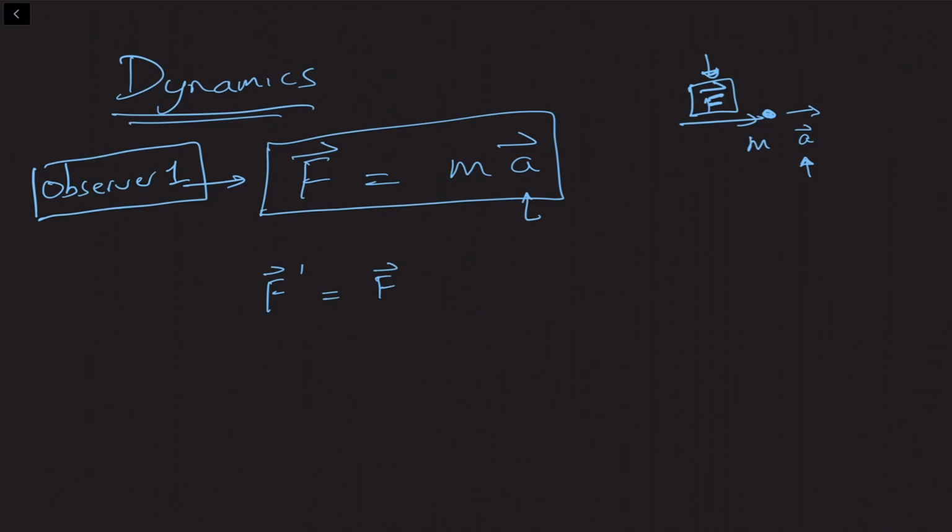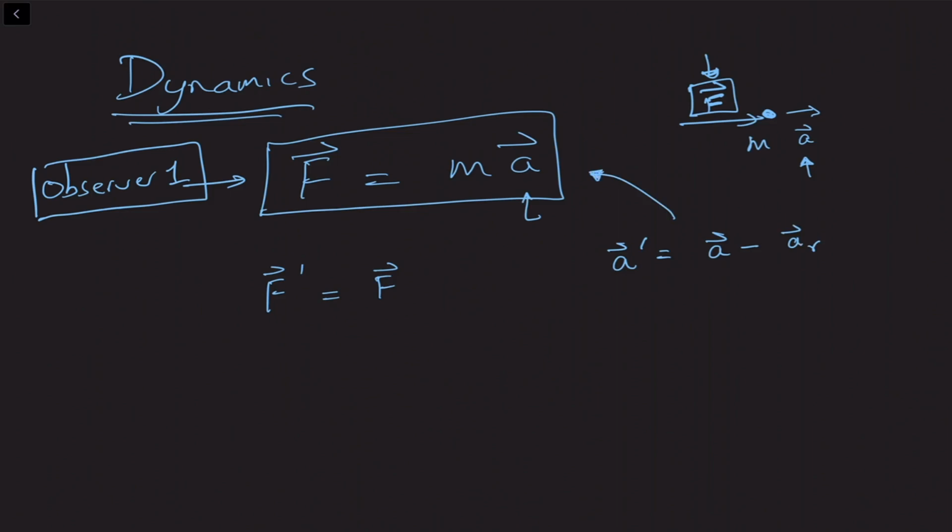We already have the dictionary which tells us what observer 2 measures given the measurements that observer 1 makes. So we can just plug in our relationship between a prime and a into this equation.